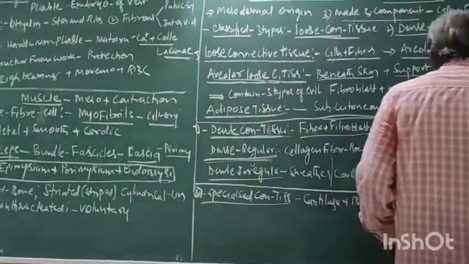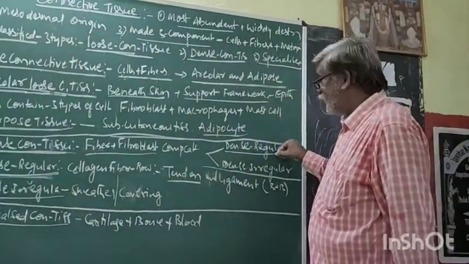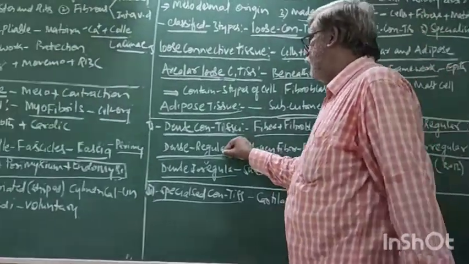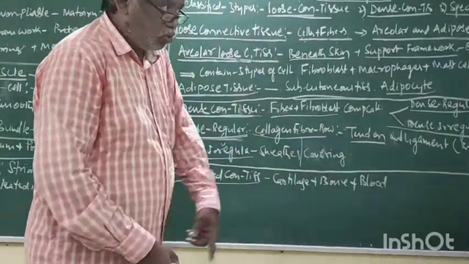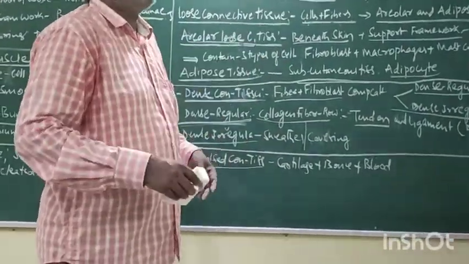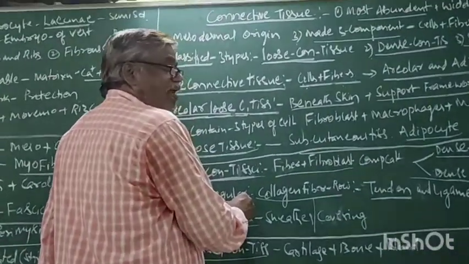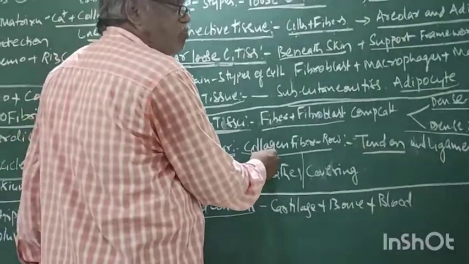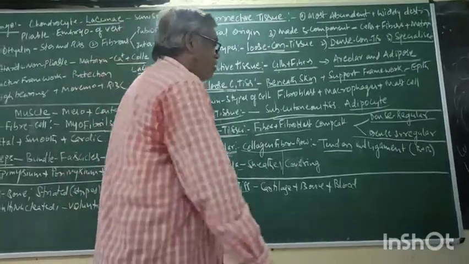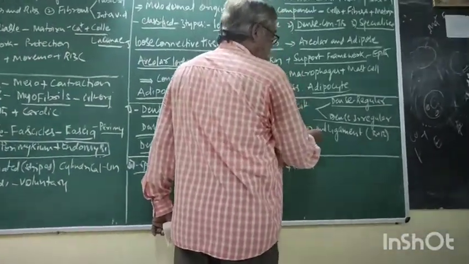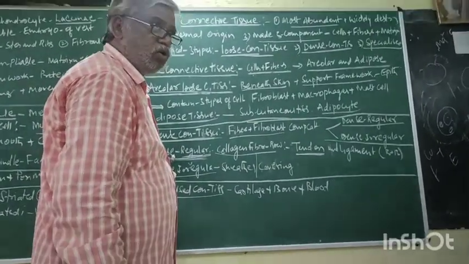Again, densely connective tissue is of two types: densely regular and densely irregular. In densely regular, the collagen fibers are arranged in rows, in parallel. This is called regular. So the tendon is an example of densely regular connective tissue.